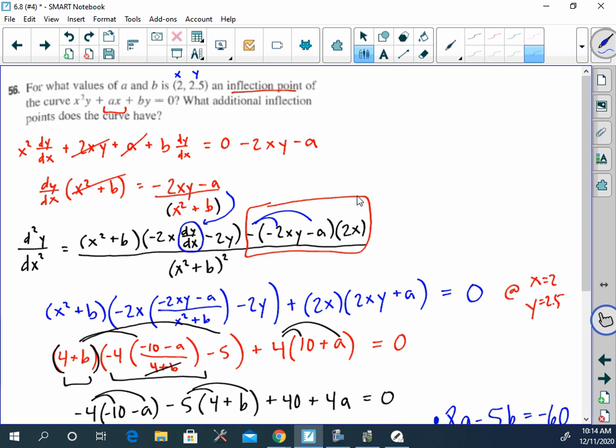Is it something with the point itself, 2 times 2.5? Yep. Won't this point, if it's an inflection point, won't it be on the equation? So what can we do then?